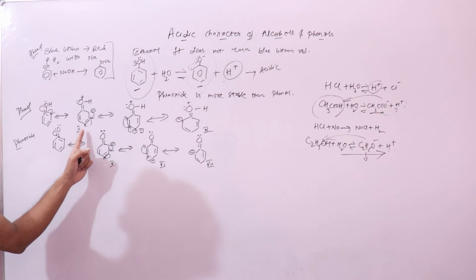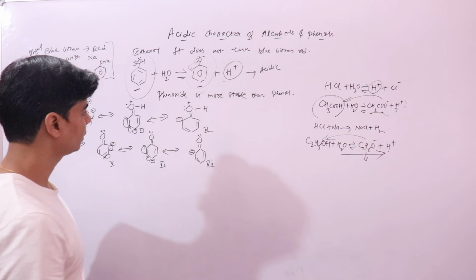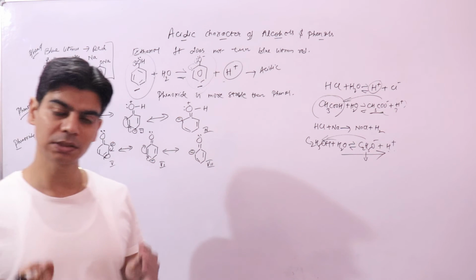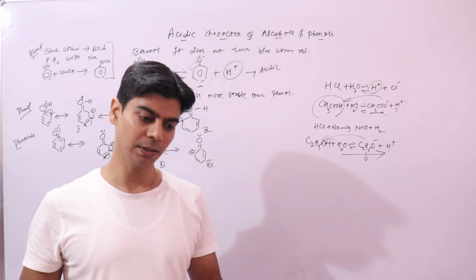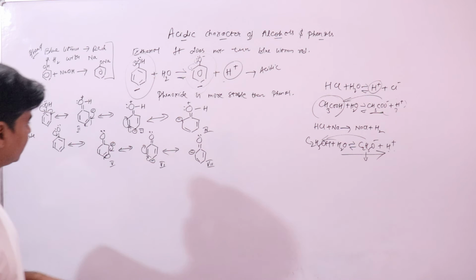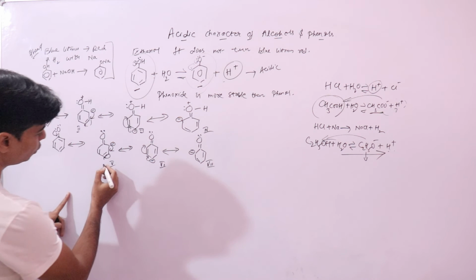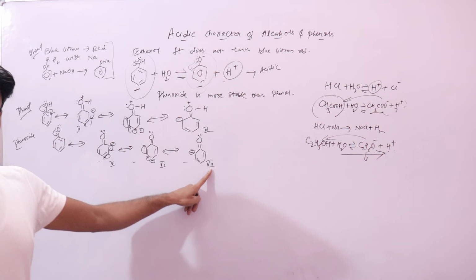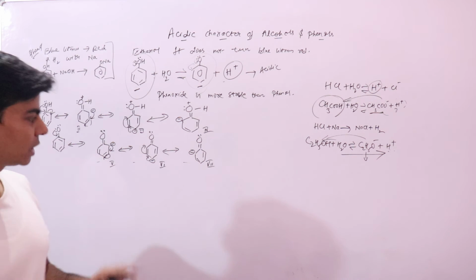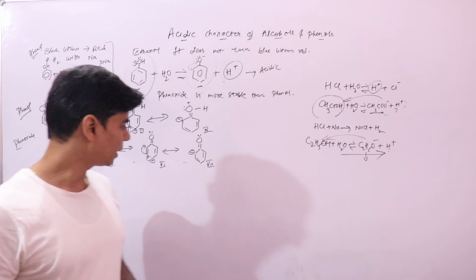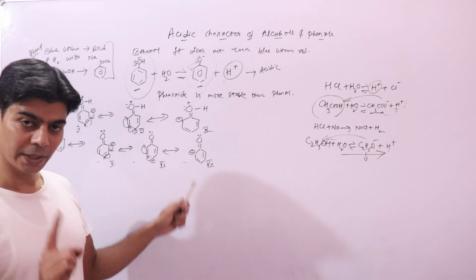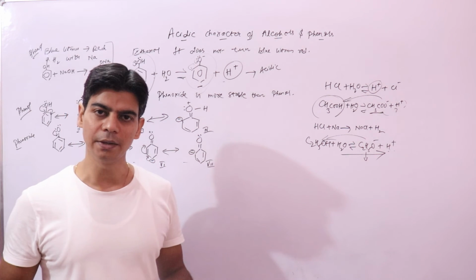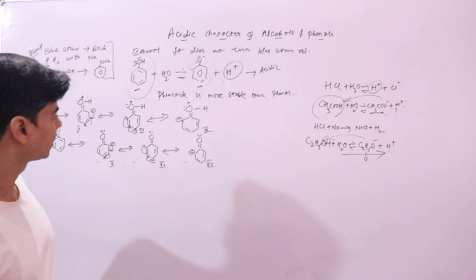Resonance structures second to fourth have positive charge as well as negative charge, right. It has charge separation that will make it less stable. Whereas if you look at phenoxide, you don't have charge separation in these three forms from fifth to seventh. Since you do not have charge separation, you only have this one negative charge on all these three forms. This adds to the stability of this phenoxide ion.